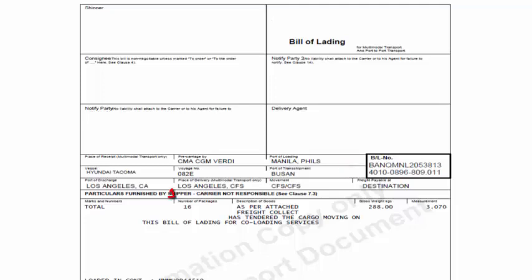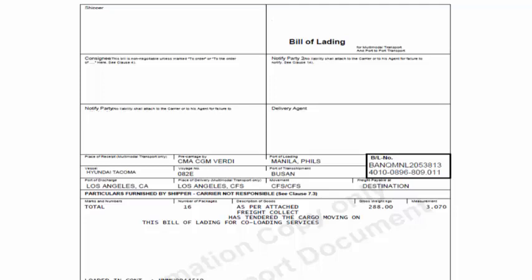Moving down, we'll notice number of packages, 16. Description of goods as per attached, freight collect. We had 288 kilos, 3 cubic meters. So clearly, 3 cubic meters is greater in volume than 288 kilos. This is a voluminous shipment. Whatever it is, it's a voluminous shipment, so we know that too.